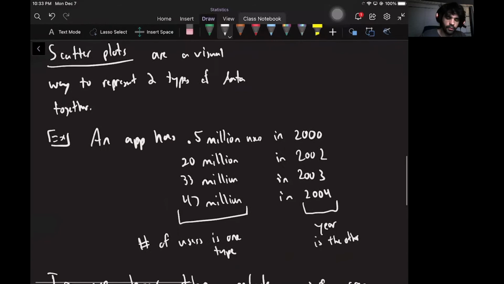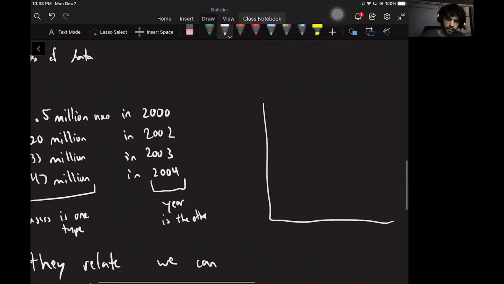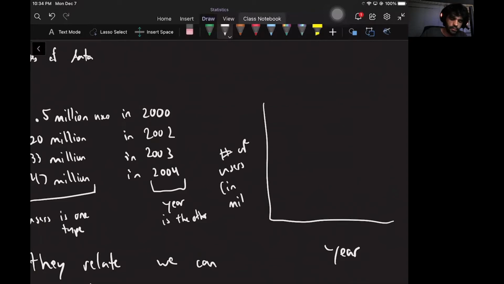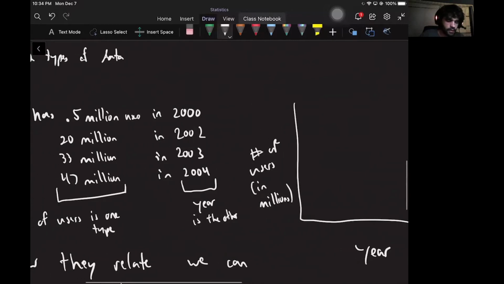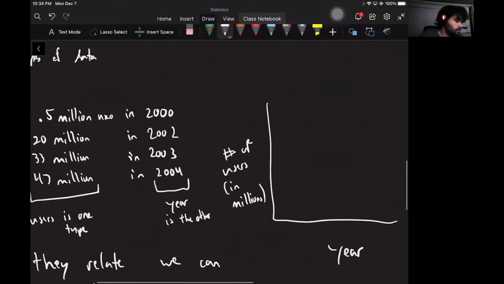So let me put it over here actually, right next to the data that I have. It'll look something like this. I'm putting the year down here and the number of users here. But because it's talking about millions, I'm also going to put it in millions so I don't have to write a bunch of zeros. Of course it's a bit subjective how you draw it.